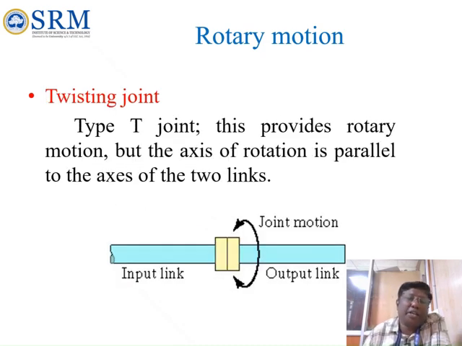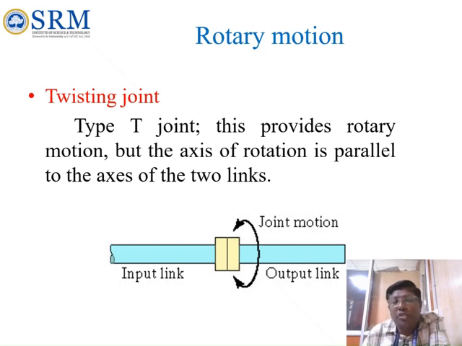And the twisting joint is one where, when you give input, it will twist. The rotational joint moves up and down, just like an arm, and the twisting joint is just like a wrist. The input and output links are parallel to each other, but it will twist.